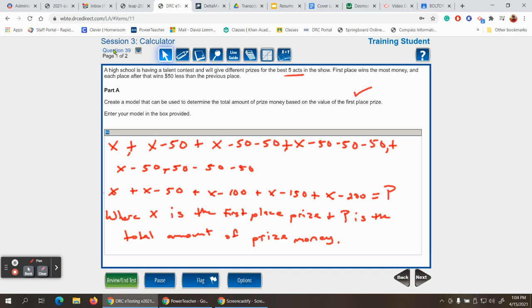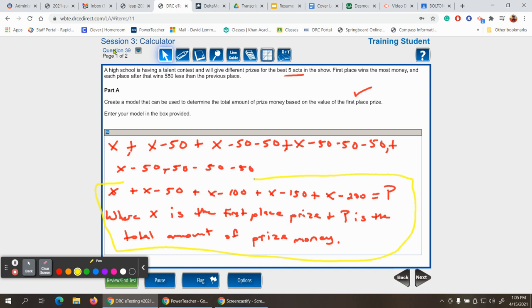There is my answer. It says enter your model in the box provided. So this here, let me change my color. That's my answer. Sorry, this was just my work up here up top. So that would be my answer.